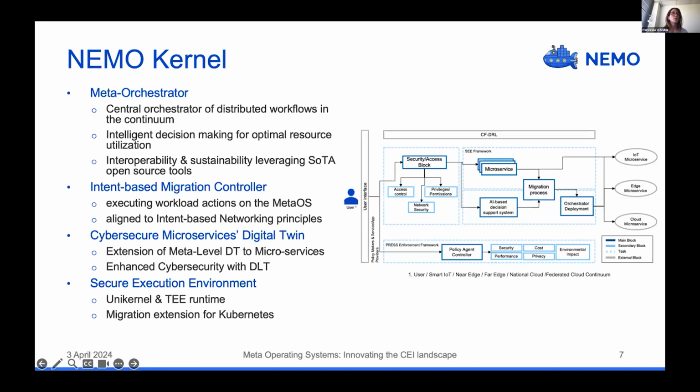This also supports observability across the continuum and sovereignty of the relevant operations, because it is also integrated with distributed ledgers for immutable information around any actions that have been applied on the workloads across this MetaOS, and which could refer to service deployment, migration, or any kind of event that has to do with this load.